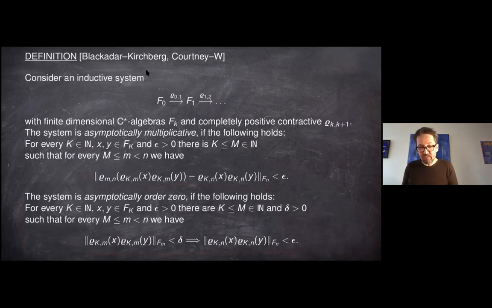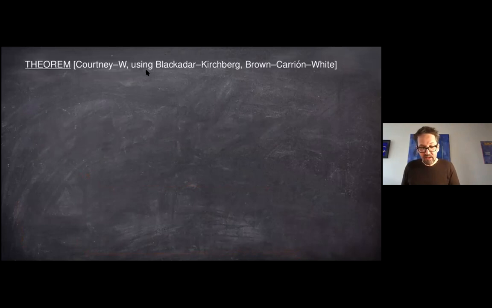Okay, so far this was just a definition. And then here's the theorem using Blackadar and Kirchberg and these approximations by Brown, Carrión, and White. It goes as follows: let A be separable, unital, and nuclear. And unital, it's a bit of a red herring. It's much easier to state in the unital case.